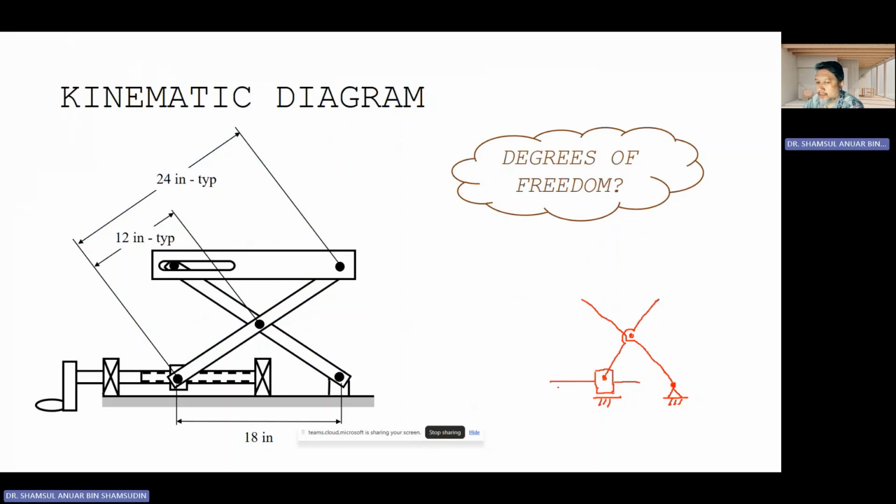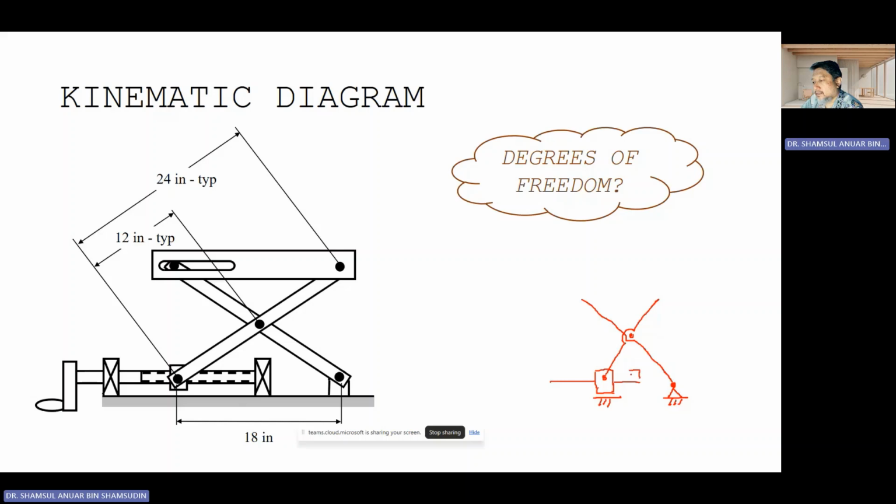So in this case, when you turn the crank, the screw will turn, but the nut should not be turning. It will just slide to the left or to the right, ke kanan, ke kiri, something like that, if you will. And this screw is not going to be floating in the air.